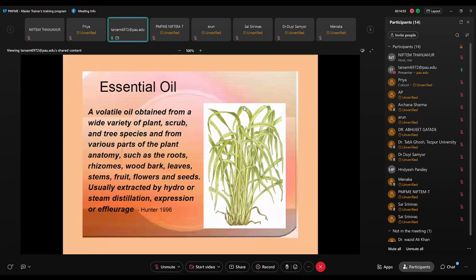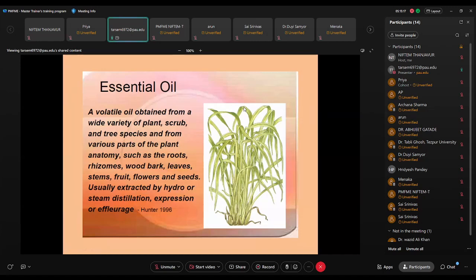As I told you earlier, essential oils are used in a number of industries, like the cosmetic industry, flavoring industry, pharmaceutical and medicine industries, and perfume industries.